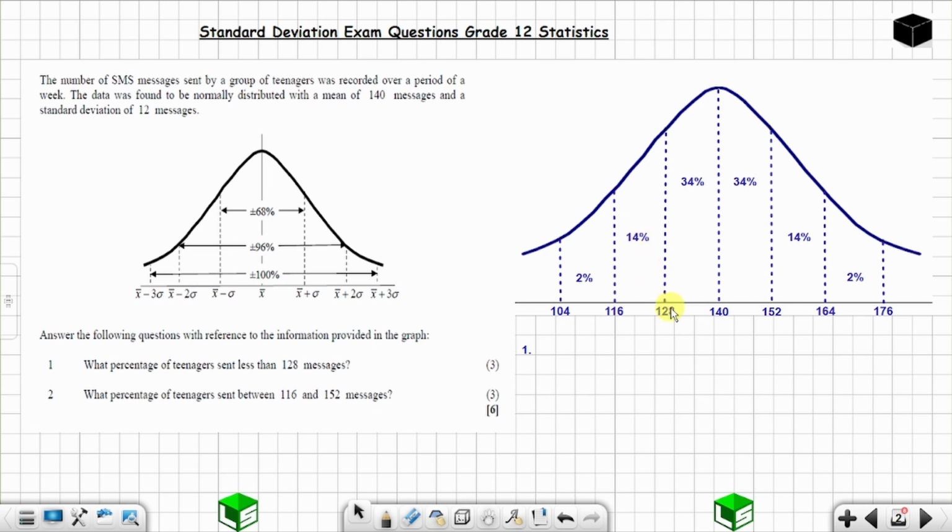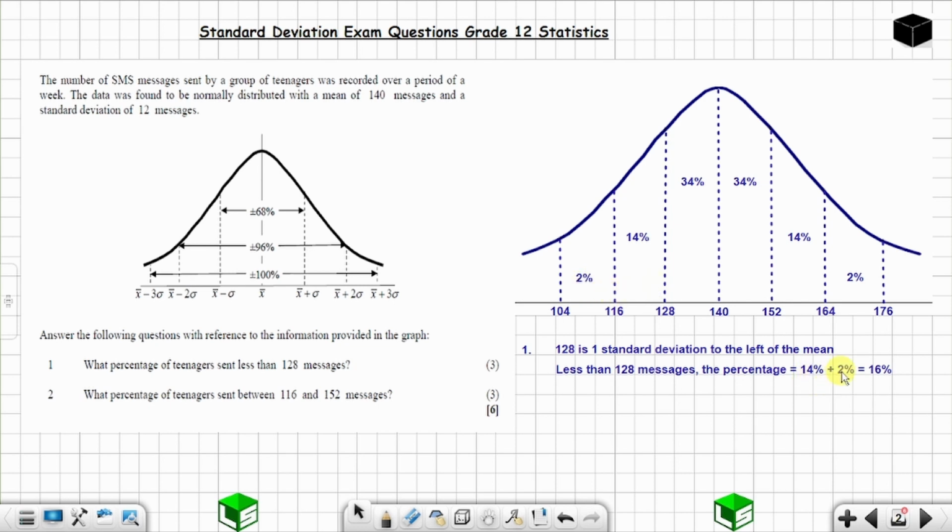You have to know that 128 is one standard deviation to the left of the mean. So for less than 128 messages, the percentage is equal to 14 plus 2.